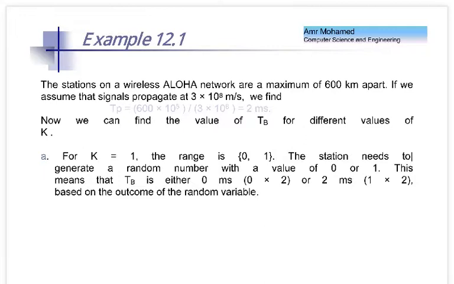So for example, if k is 1, the range will be 0 and 1. So each node will generate a random number, either 0 or 1, and depending on that, assuming the propagation time is 2 milliseconds, the node will either wait for 0 milliseconds or 2 milliseconds. If the random number is 0, then the node will transmit right away. If the random number is 1, then the node will wait for 2 milliseconds.